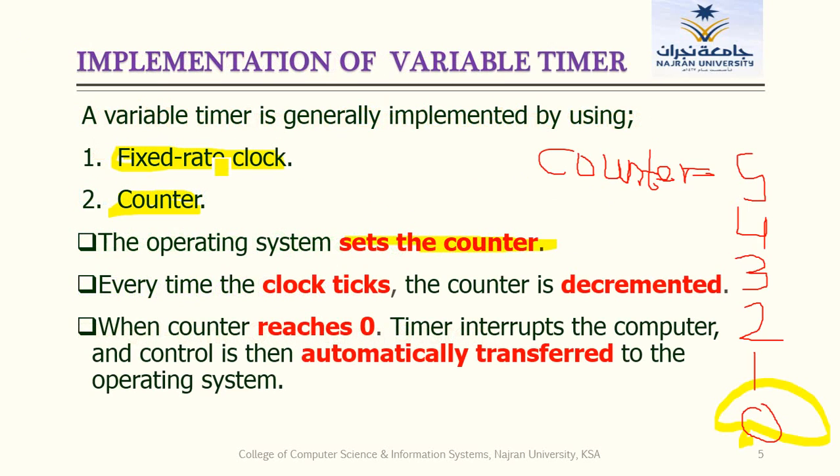We can implement it using two things, a fixed rate clock and a counter. There are 3 steps. First, the operating system sets the counter to some value, like the 5 we have given here. When the clock ticks, we decrease the counter, and when the counter reaches 0, control is automatically transferred to the operating system.